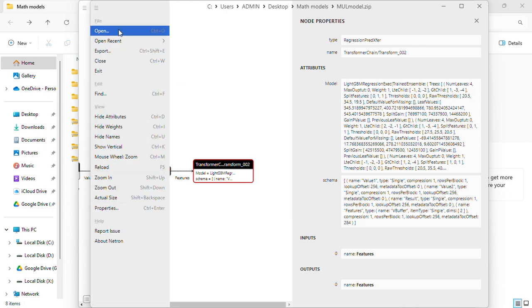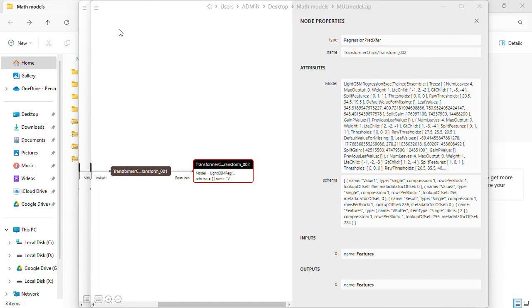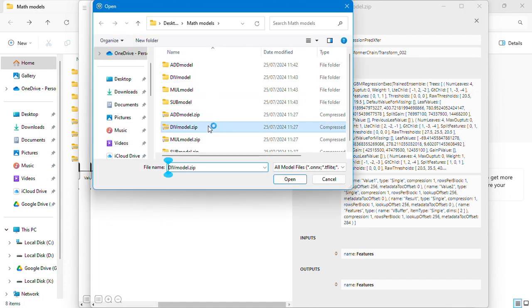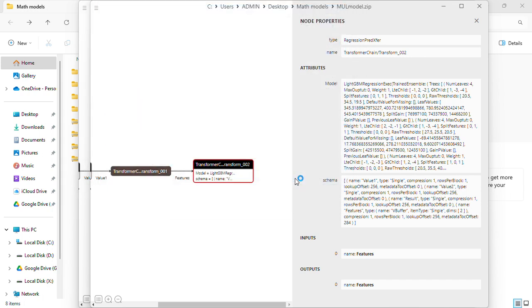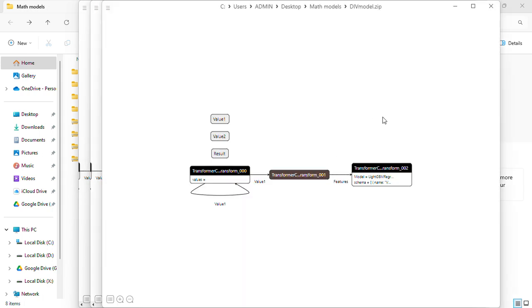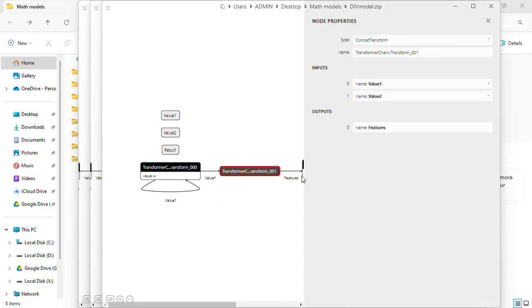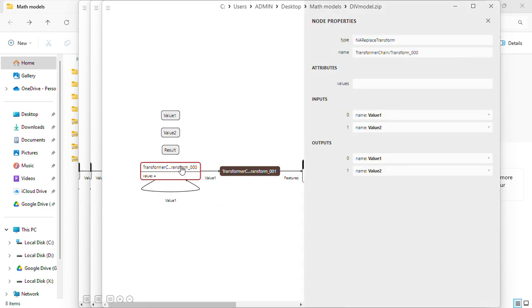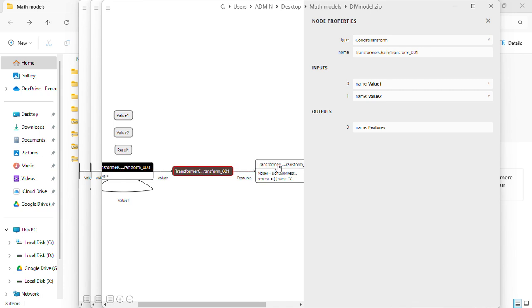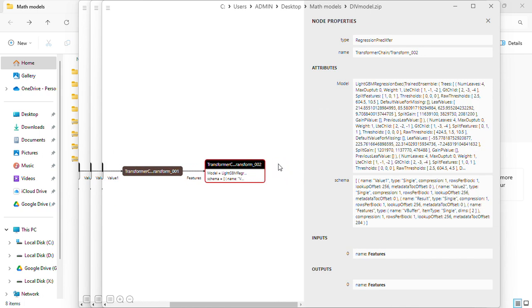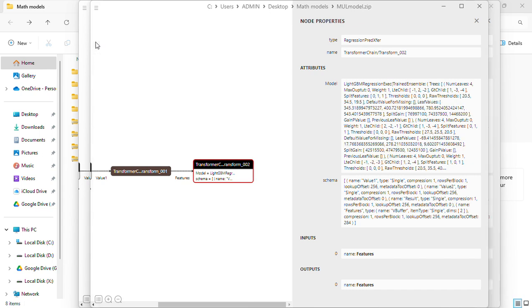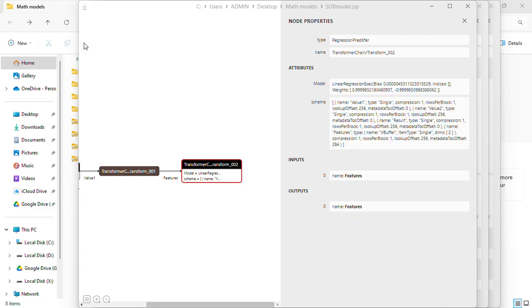So let's open the last one, the division model, and see what it looks like. Okay, so this is the division model. Also the same thing, replace, concat transform, and oh, you can see LT. Okay, the weight is 1 in this case, but for this one the weight is also 1, minus 1, 2, and minus 2 for the LTE child.